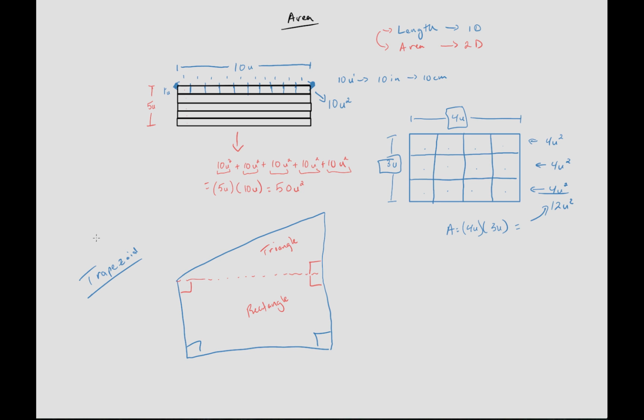And instead of having to memorize the trapezoid formula, which you might want to do, or just look it up, you can just break this into a triangle and a rectangle. And it gives us a lot more flexibility in our thinking.